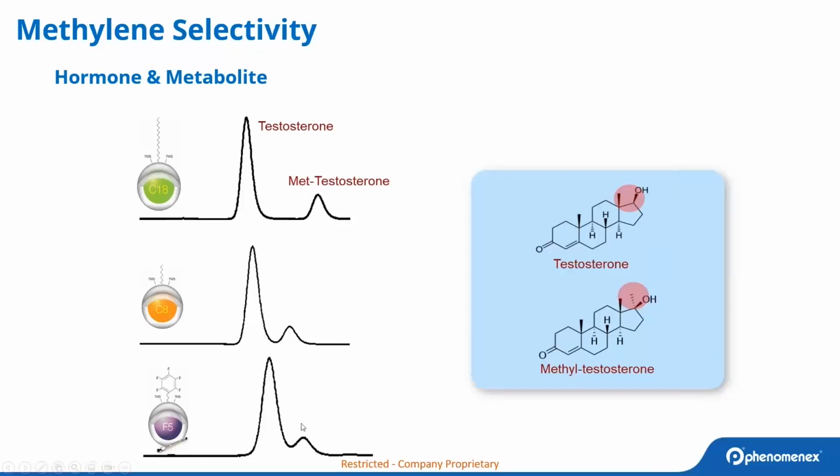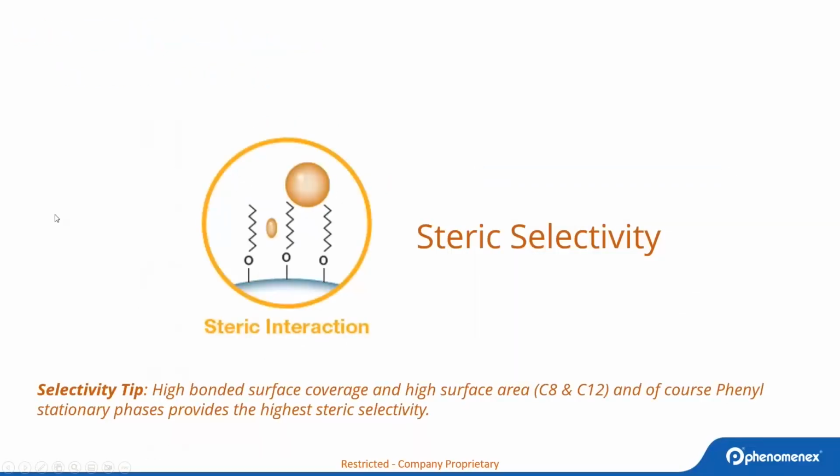You can see with an F5, it does provide some hydrophobicity, so there is a little bit of separation. We go to a C8 and there's a little bit more, but finally with a C18 it offers higher methylene selectivity because it has a longer alkyl chain and a higher carbon load than the other two, and that results in the best separation or resolution between the two analytes of interest.